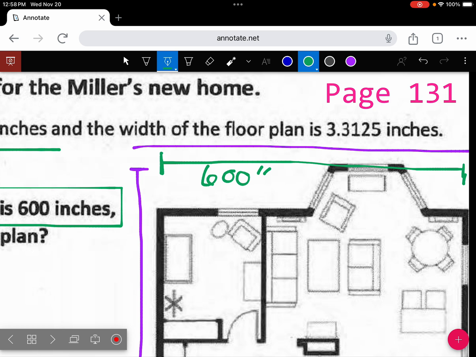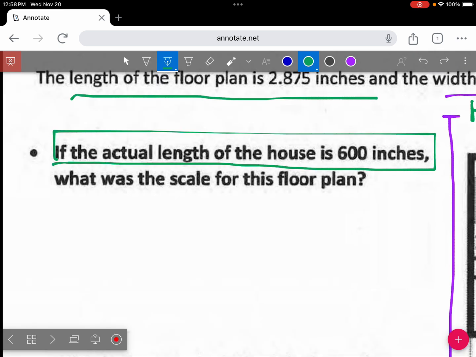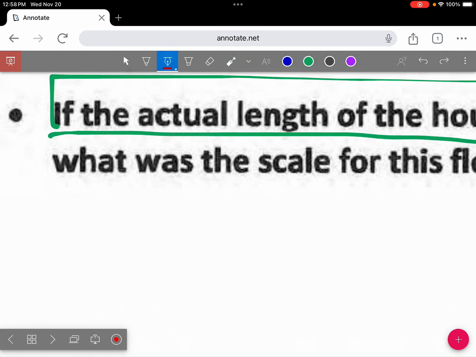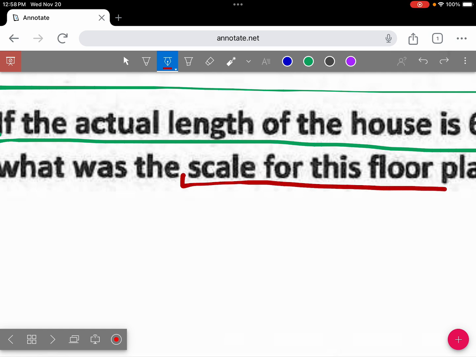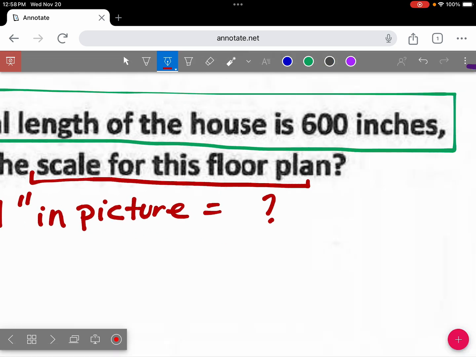So what we're trying to do, first things first, is figure out 1 inch on the picture stands for how many inches in real life. That's what we're looking for when it comes to scale. So when we have something like scale, what this means is 1 inch in the picture is how much in real life.